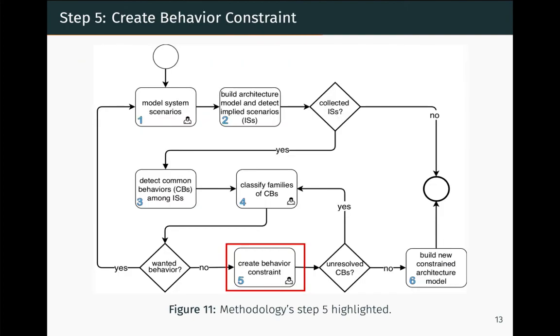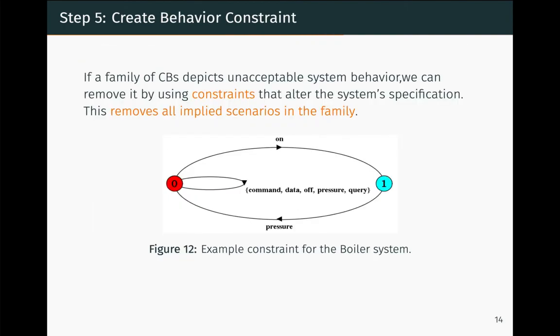After we have defined these families, how can we constrain them? So we're going to create constraints that remove all implied scenarios of the family. So here, as an example for the boiler system, we create a constraint that says whenever we see a message on, we need to see a message pressure after it.